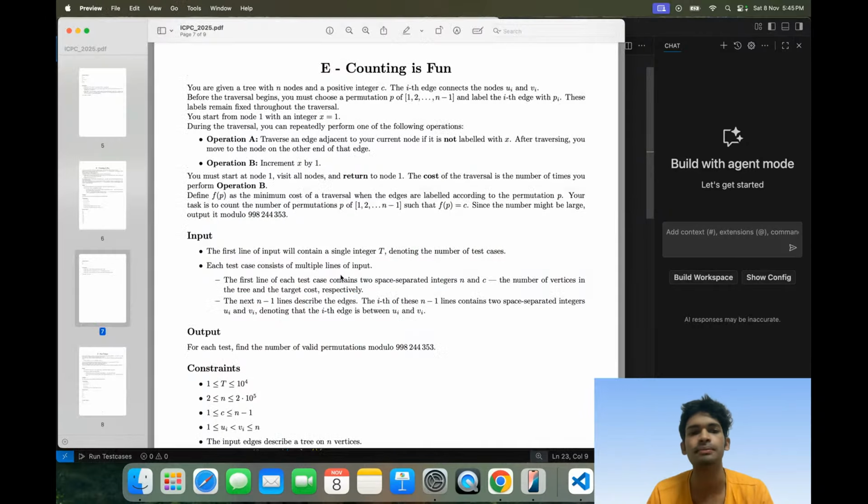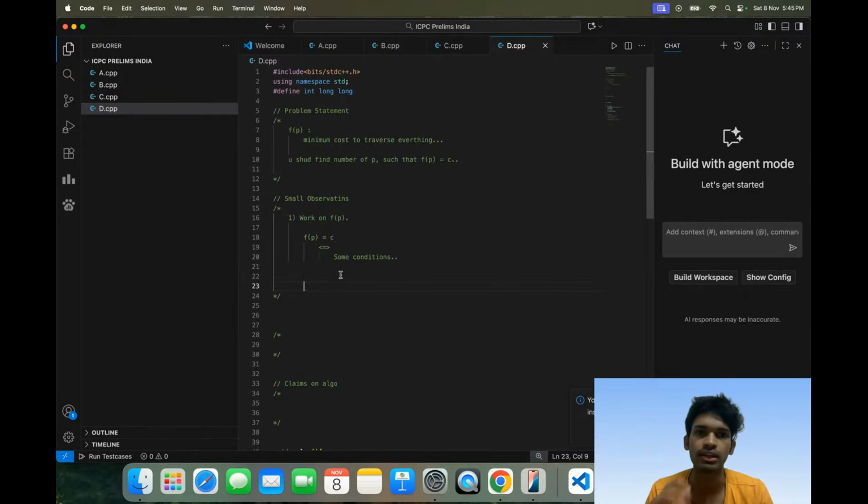So the thing is, see, it's a tree, right? Can you keep x equal to one and traverse everything? There is an edge where one exists, and you cannot cross that.